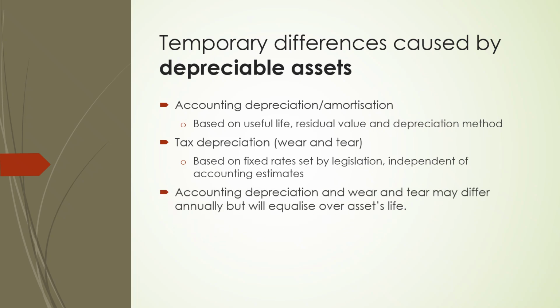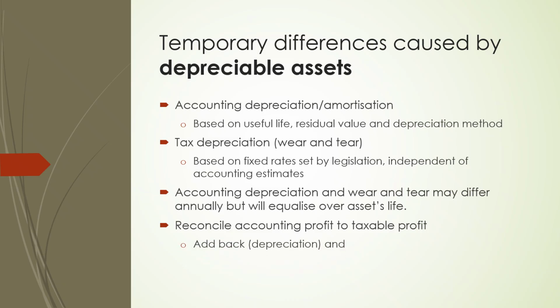Accounting depreciation and wear and tear may differ annually, but will equalize over the asset's life. Therefore, when you're reconciling accounting profit to taxable profit, you will add back accounting depreciation and deduct the wear and tear allowance.